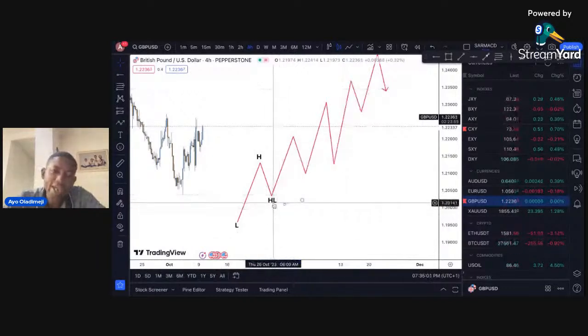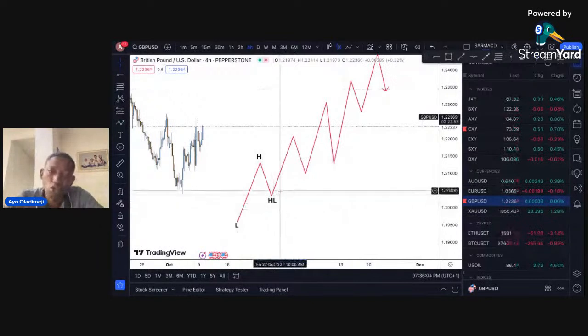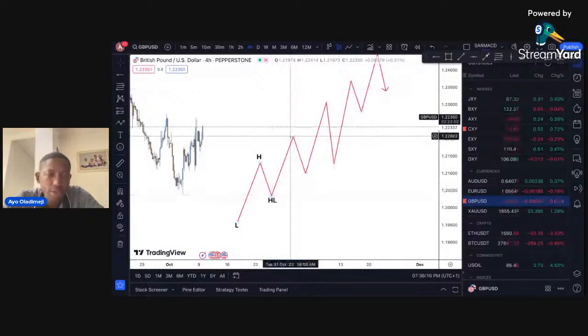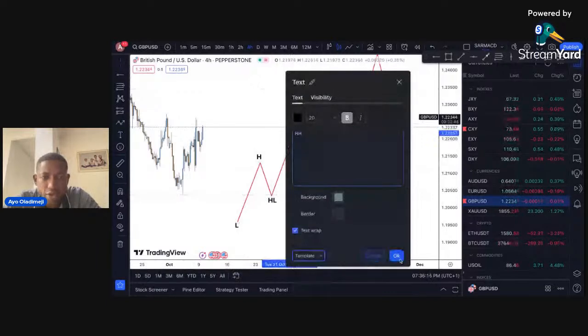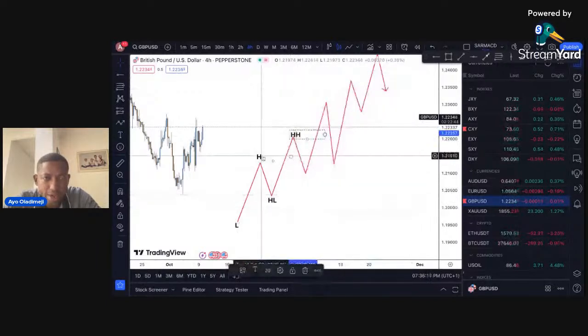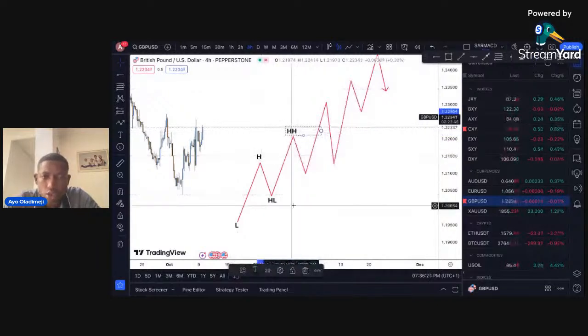Price always moves from a higher low. The next impulse is going to move from a higher low to a higher high, meaning that the high is higher than the previous high, and the previous high is this guy here. Okay, so the next high is higher than the high, so we have this higher high.